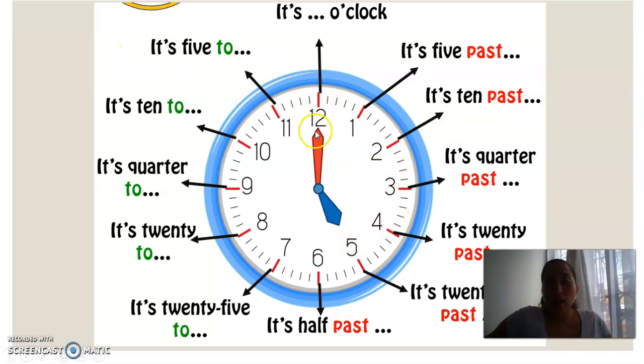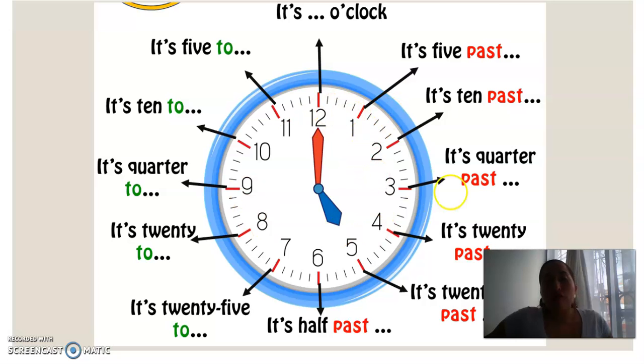Miremoslo aquí en este reloj. Short hand is this, and long hand, la manecilla larga es esta. In this case, it is 5 o'clock. Decimos el número que indica la hora, 5, y luego decimos en punto. It is 5 o'clock, ¿ok?